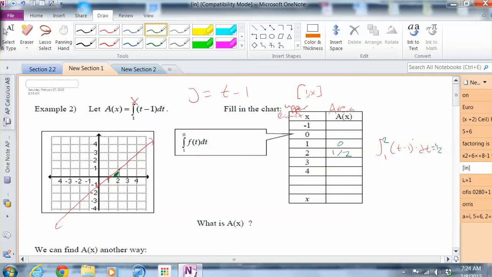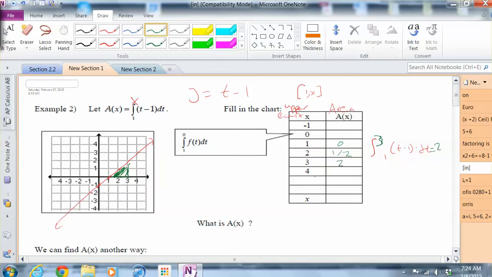Okay. What if I go from 1 to 3? Now in this case, my right triangle will have a base of 2 and a height of 2. Again, area is 1/2 times base times height, so that'll be 2.